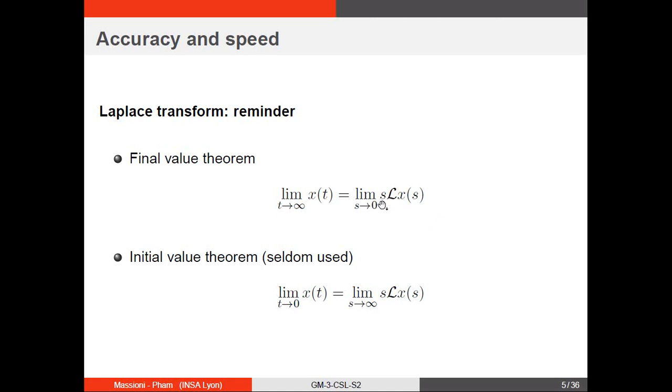Do not forget there is an s times. Okay, so basically this allows you to understand the ultimate trend of a signal when you look at a certain given input to a system.